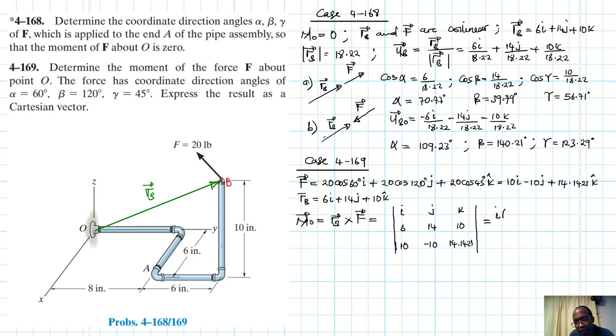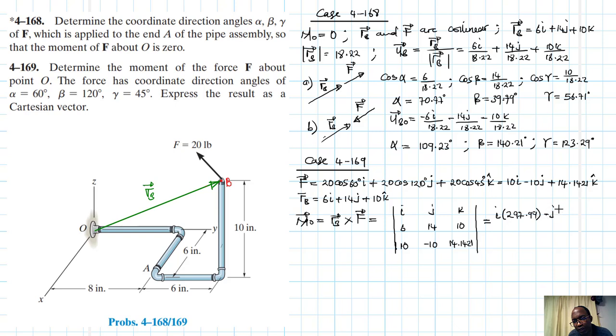So let's work this out. For i, we have 14.1421 times 14, minus, becomes a plus 100. So this becomes 297.99.